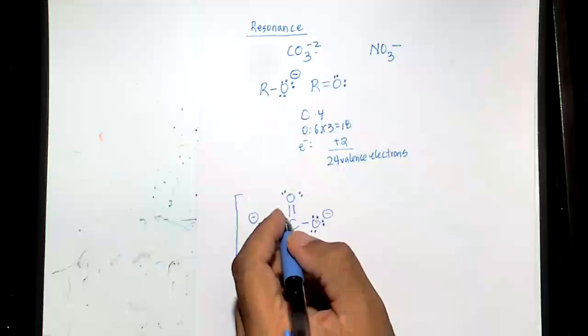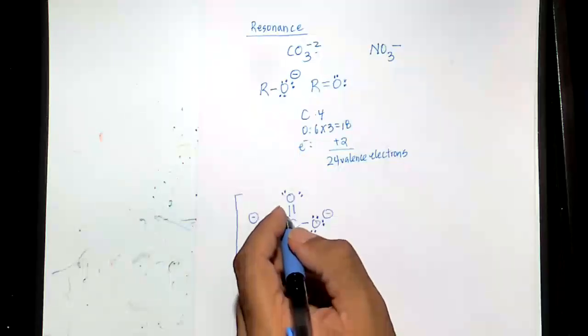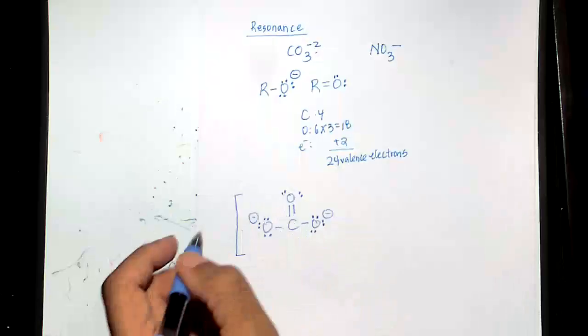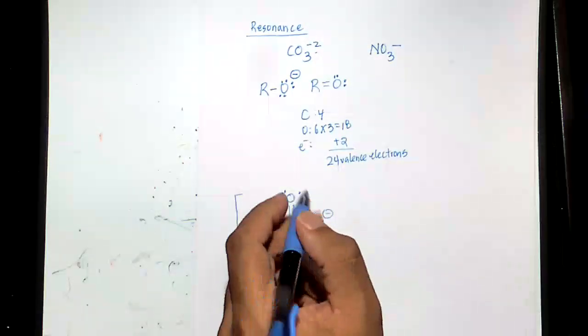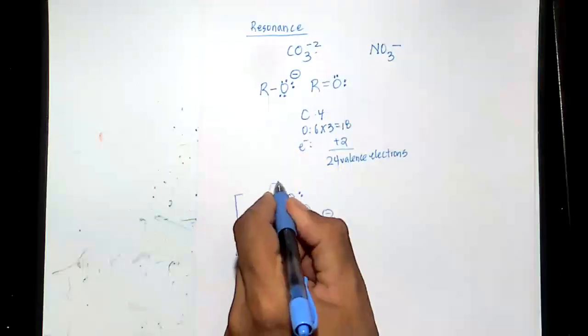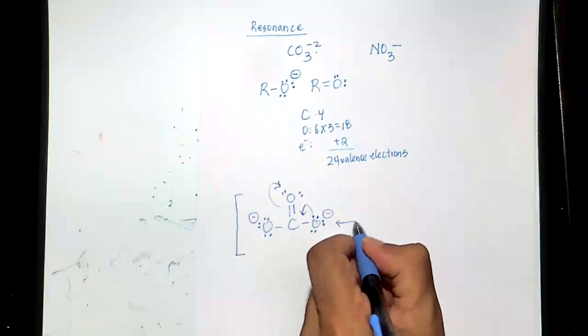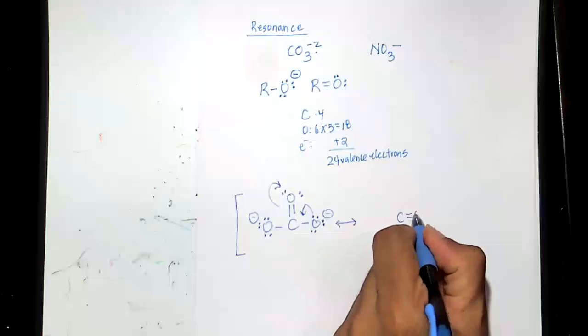Now, is that the only resonance structure? Is that the only resonance structure we can see? Where else could the double bond be? It could be on this side, so here. Okay, so you're going to put it backward, forwards.